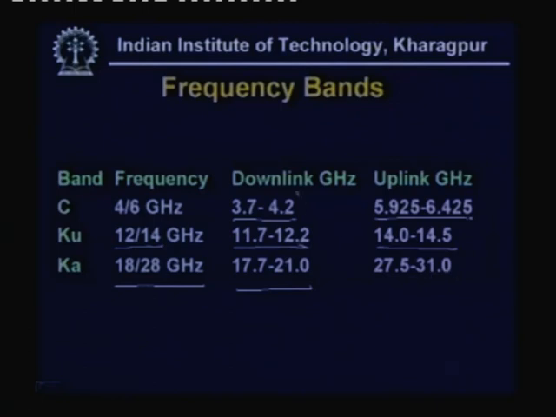One point you must notice, that downlink frequency band is lower, and here we are using higher frequencies. Uplink frequency is higher. What is the reason? One possible reason for that is, as you know, higher frequencies are attenuated more, because the attenuation is proportional to frequency square, or 1 by lambda square.